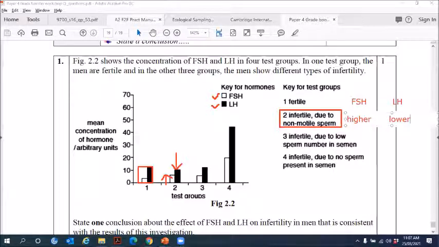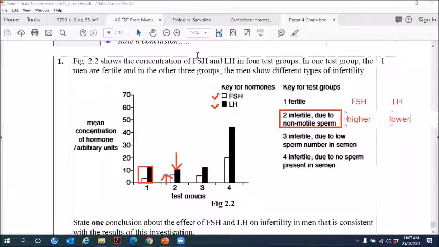So your answer is, when the FSH level is higher and the LH level is lower than the fertile group, it will lead to group 2 infertility, or it will lead to sperm becoming non-motile. So that's the first marking point.